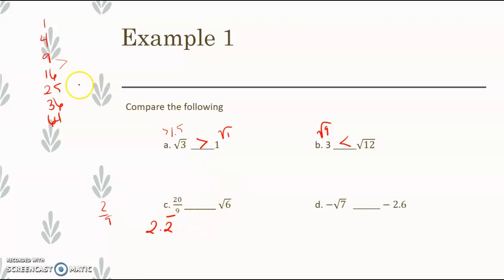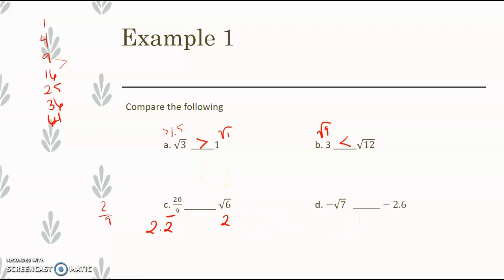And then the square root of 6, well, 6 falls between 4 and 9, right? So I know that this is greater than 2. And we've got to decide, is it closer to 4 or is it closer to 9? I know it's closer to the 4.